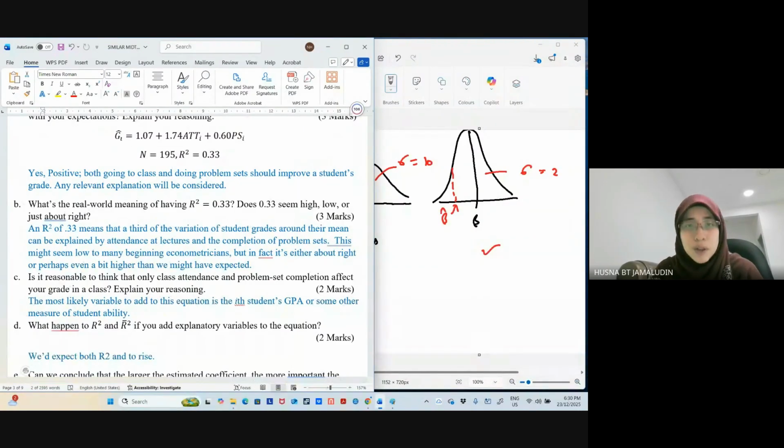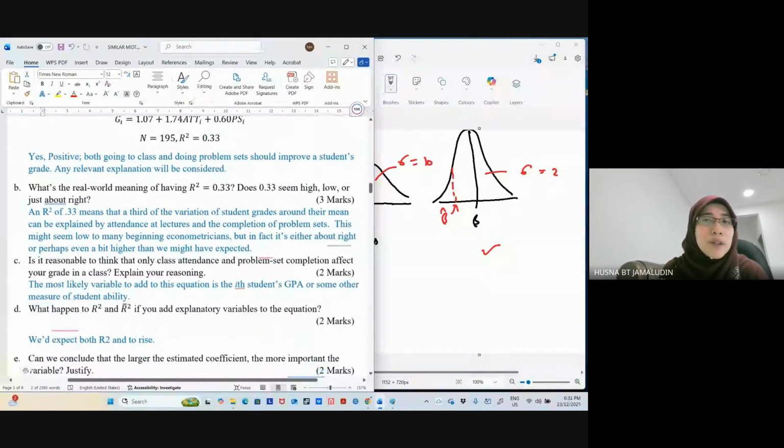R square is 0.33. Does 0.33 seem high, low, or just about right? Okay, we will answer the second question later. So let's just interpret the R square. R square is just measuring the goodness of fit, right? Whether your independent variables are able to explain the change in your dependent variable.